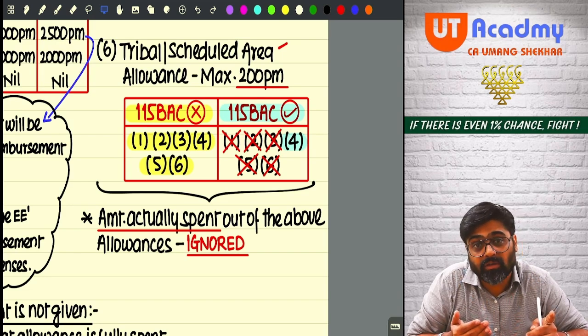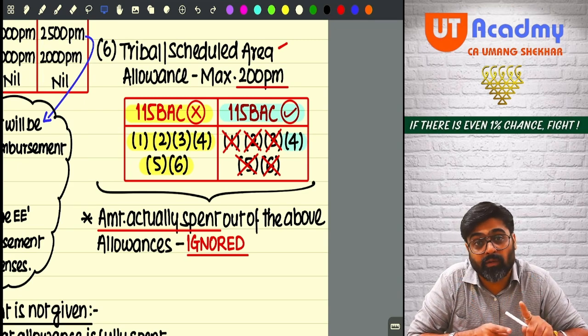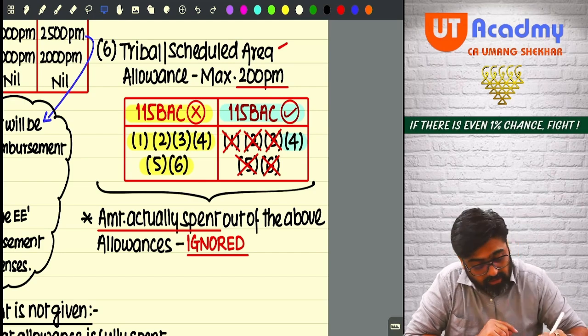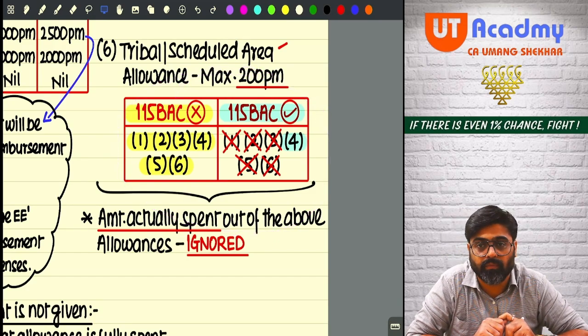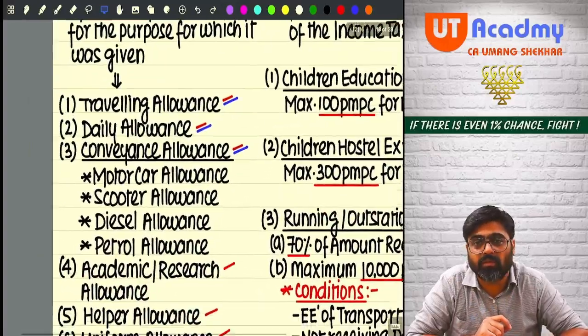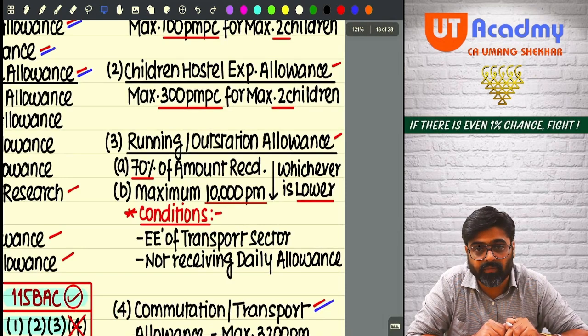But allowances other than the fourth will be exempt only if you shift out, and will be fully taxable if you are under 115 BAC. Done? Please don't forget this. Very, very, very important. Understood? Now, will you remember the names of these allowances along with the limits? Will you remember?